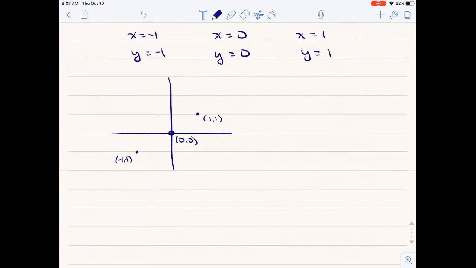And then because we know what odd-power monomials look like, we know that it's going to look something like this sort of S curve. It's not an S, but sort of. And so I know that if I connect these, well, it's not very good, but that's all right. Okay.